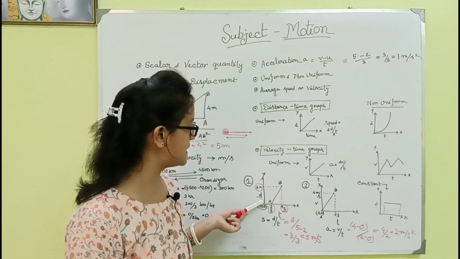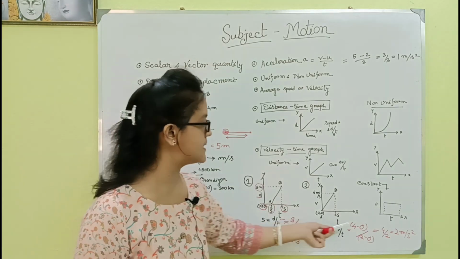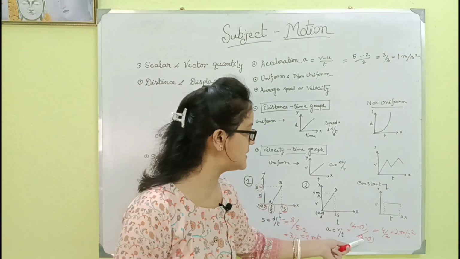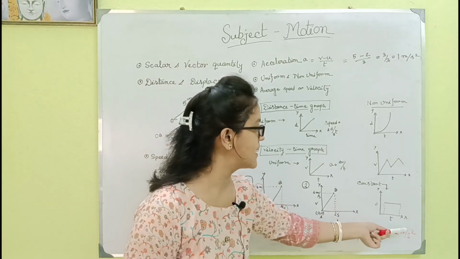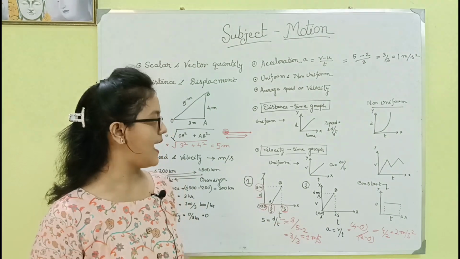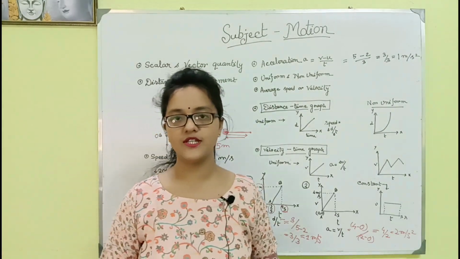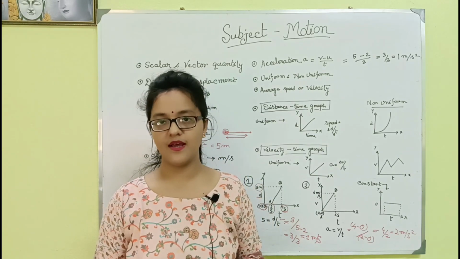For distance, initial and final difference. For time, initial and final difference. From these differences, we will get the last answer, speed or acceleration. These types of problems you can practice at home. Practice makes you perfect.